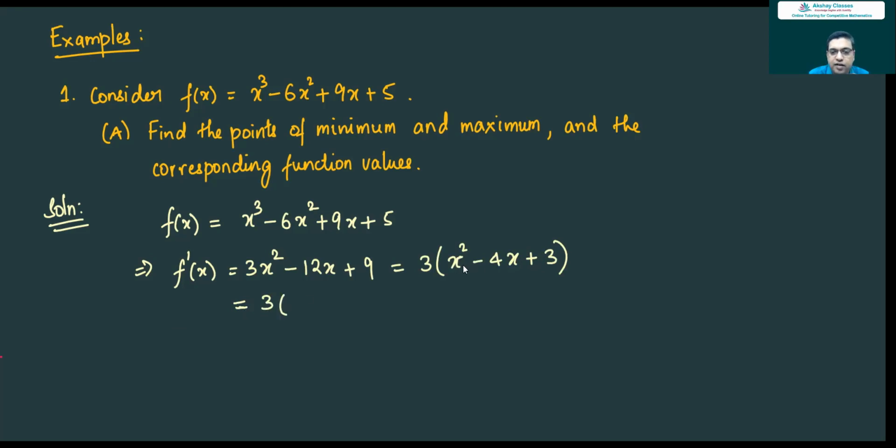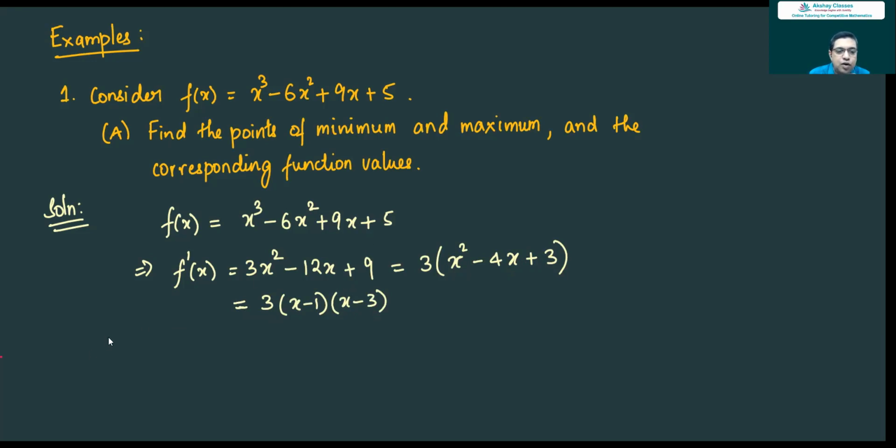You can see we can factorize this. 1 into 3 is 3, and the sum is 4. So the factors will be 1 and 3. So x minus 1 into x minus 3.